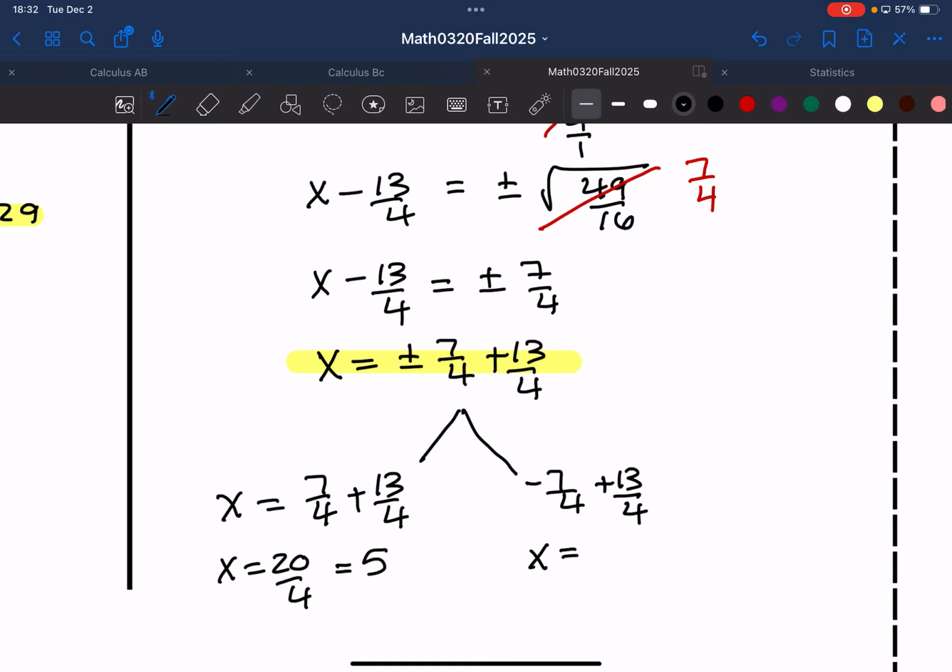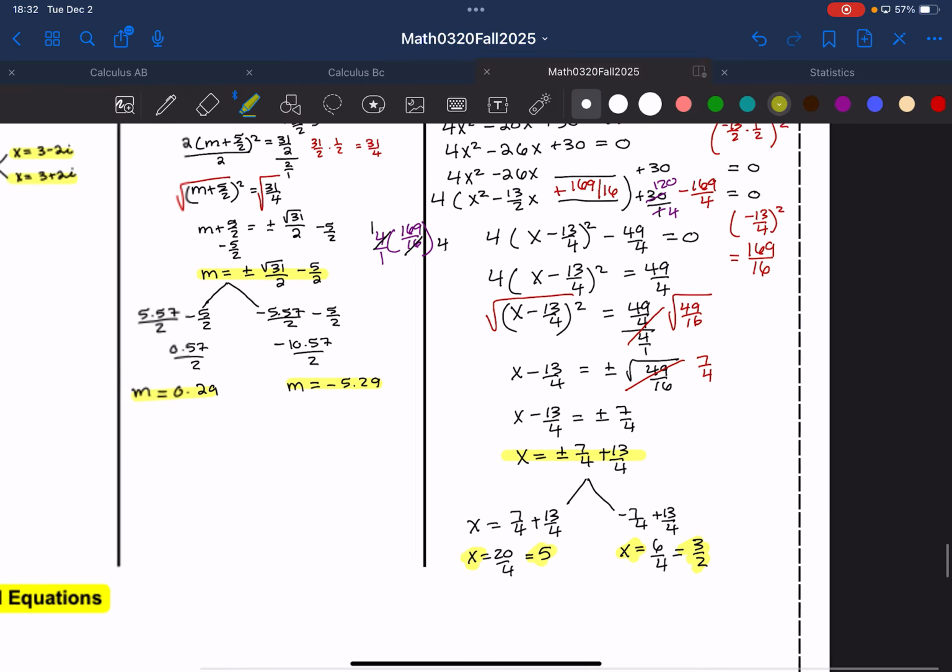Or 13 minus 7? 6 over 4, which simplifies to 3 over 2. We got pretty answers here. We got x is equal to 5 and x is equal to 3/2, which is 1.5. We're done. It wasn't too bad.